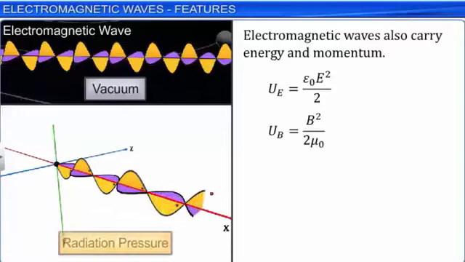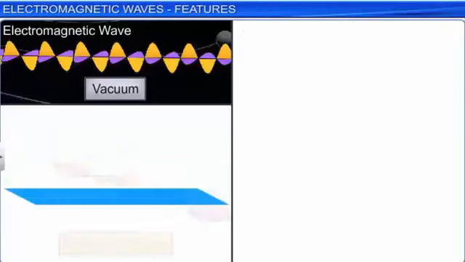If U is the energy transferred to a surface by electromagnetic radiation, c is the velocity of the radiation, and P is the momentum exerted by the radiation on the surface, then P is equal to U by c. Here, the momentum P is inversely proportional to the velocity of the radiation c.